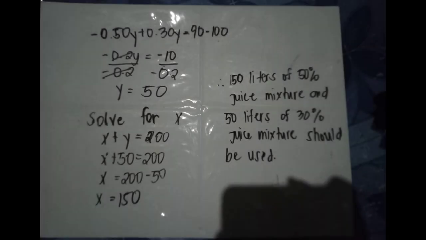Therefore, 150 liters of 50% juice mixture and 50 liters of 30% juice mixture should be used.